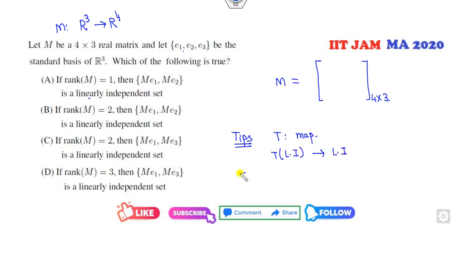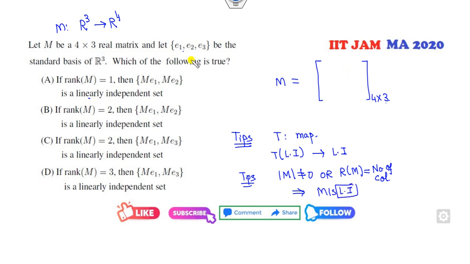Fine. How can you prove that a matrix is Li? If you prove that the determinant is non-zero, or if you prove that the rank of the matrix is the number of the column vectors, then you can say M is my Li.